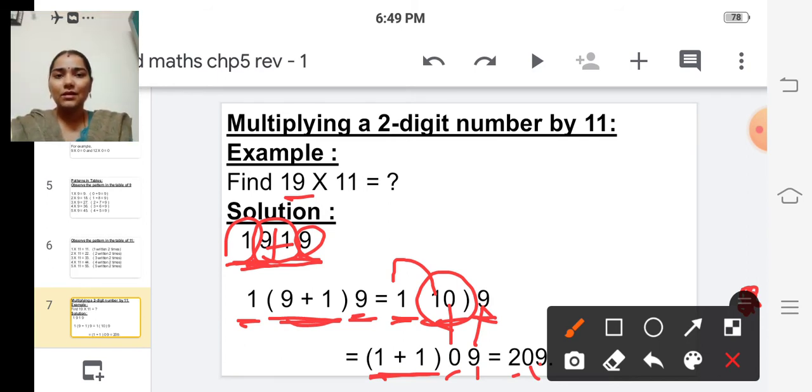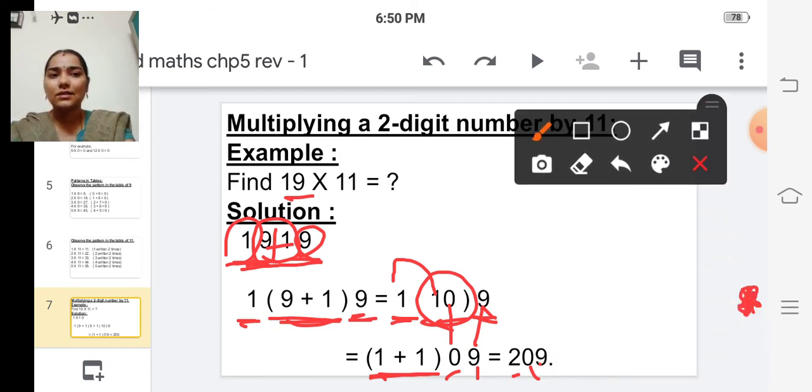Okay, children. For that we have to write the number 2 times and we have to add the numbers in between. If the answer is a 2-digit number, then we have to carry over the digit to the next place. Okay. And then we'll get the answer 209.